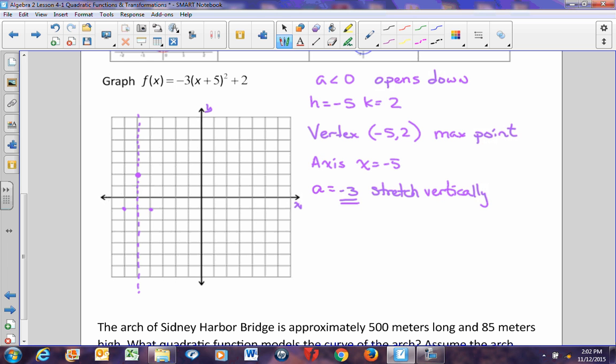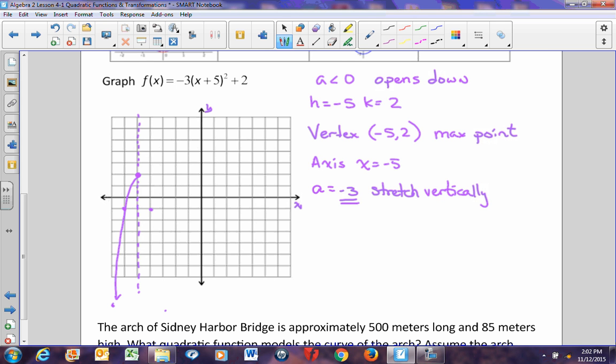And then it would be over 2, down, right? Instead of 4, it'd be 4 times 3, or 12. And that's going to take me probably way over here, and way over there. Okay? So my graph is going to look something like this.